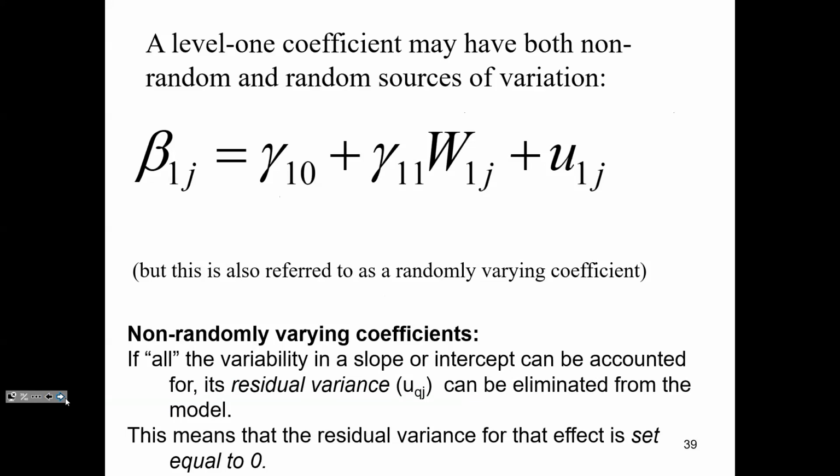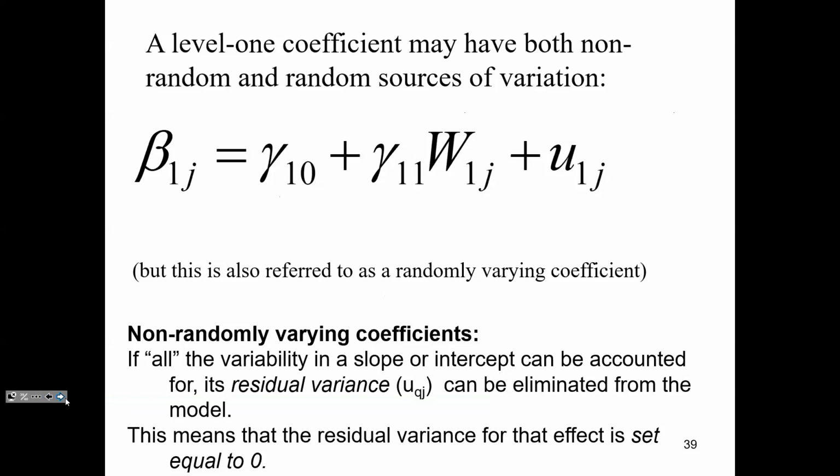Whereas the U sub 1j, notice that we have a U sub 1j for every cluster, for every school in our sample.